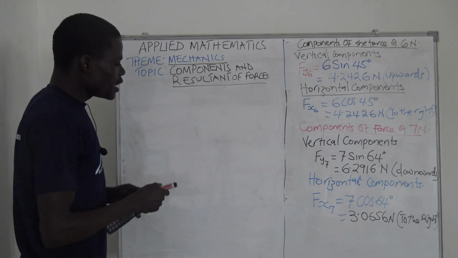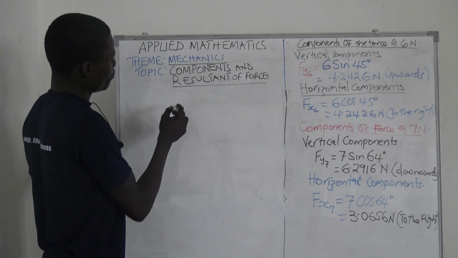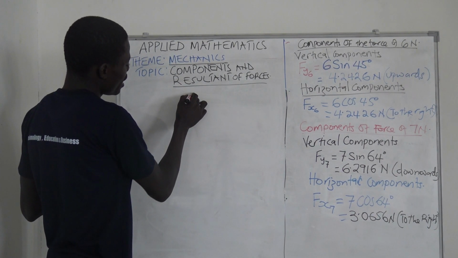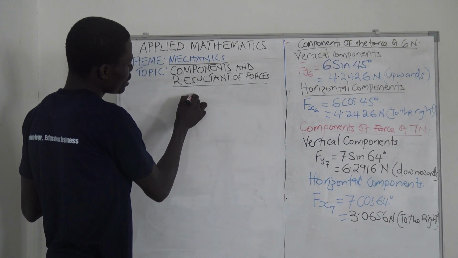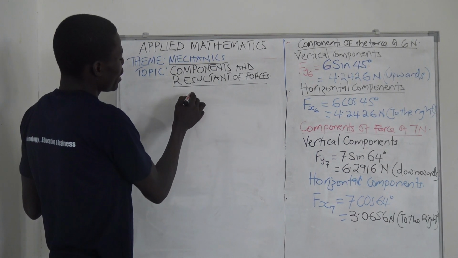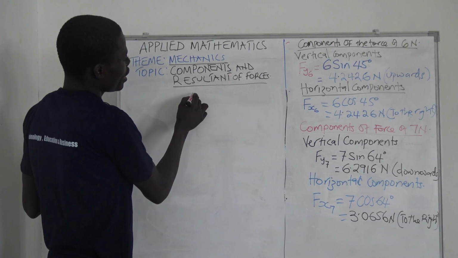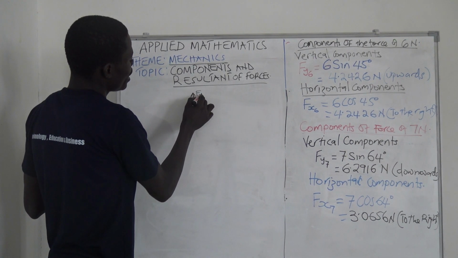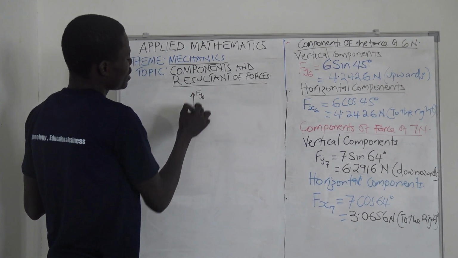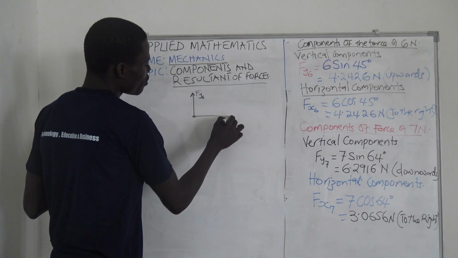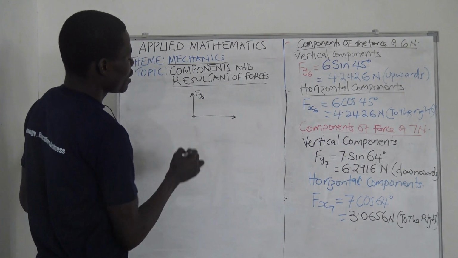So now this is our new setup. We have the particle with the vertical component F of y, this one of 6 is the one acting upwards, and then we have this one acting downward.